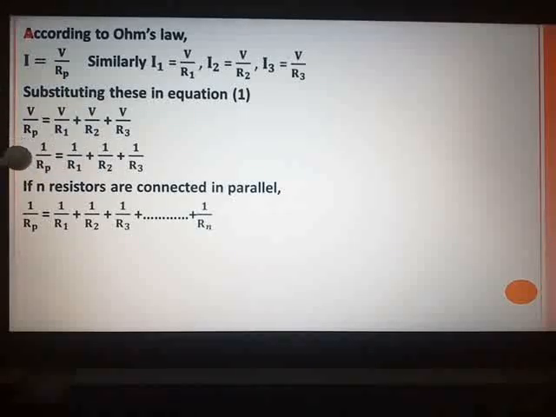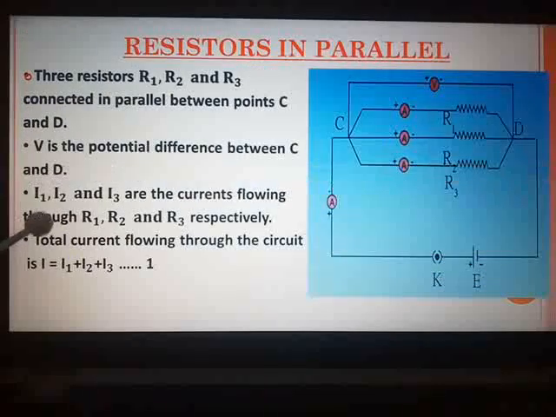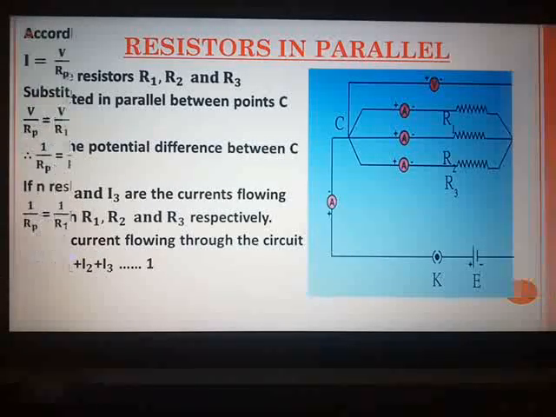As you know, the current flowing through an individual resistor, I1 for R1, I2 for R2, is inversely proportional to its resistance, and hence the total current will be the sum of the currents flowing across each resistor.